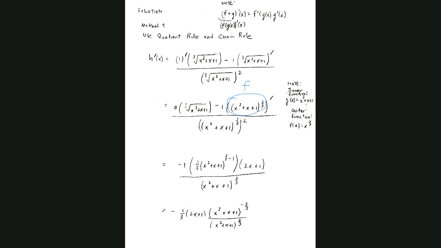So that's the derivative of f of g of x, where my outer function is x to the third, and the inner function is what's on the inside here, x squared plus x plus 1.